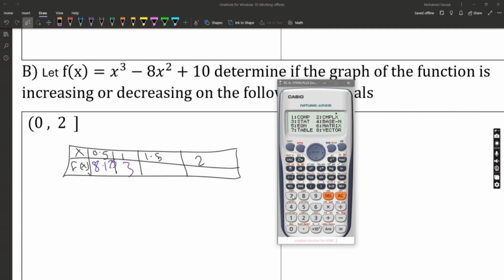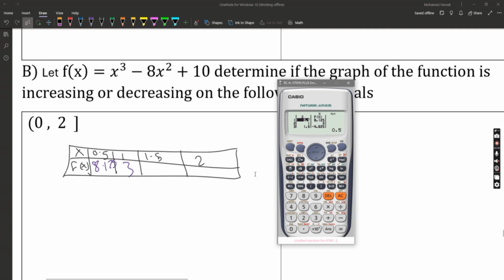I will go to mode 7, which is table. I write the equation, x cubed minus 8x squared plus 10. The start is at 0.5, the end is at 2, the step is 0.5.